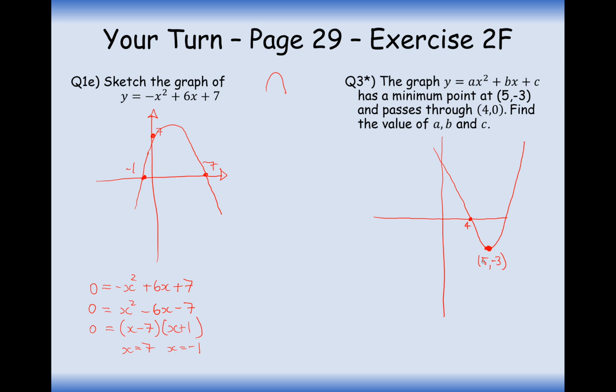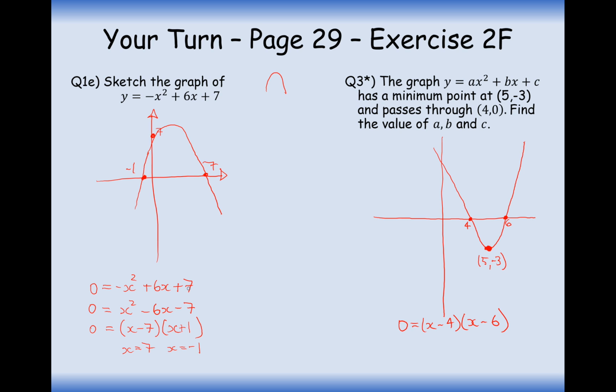Now, given that the minimum point is halfway in between my two roots, I can immediately infer from there that that must be a 6. Okay, so when I solve my expression here, I'm going to get something like this.